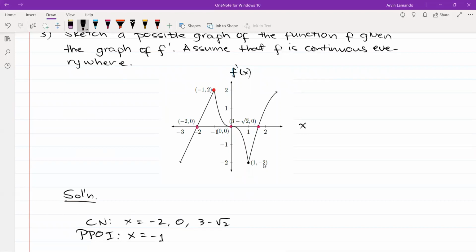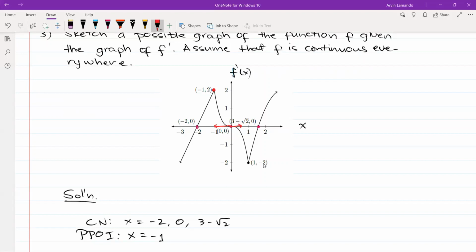As we can also see from the graph of f prime of x, the tangent line at x equals 0 is a horizontal line, and we know that the slope of a horizontal line is 0.